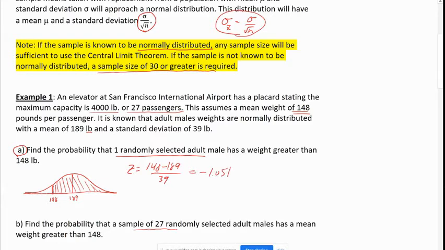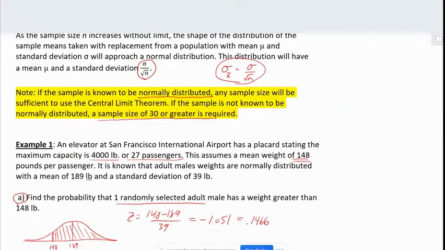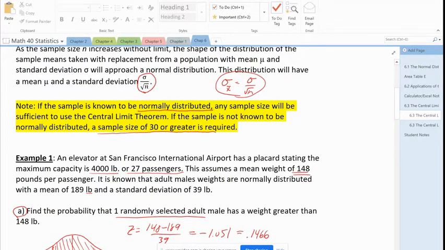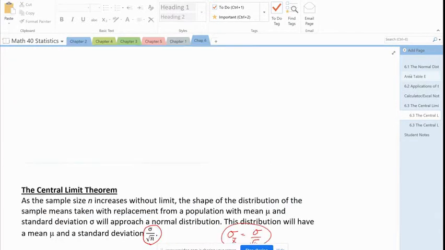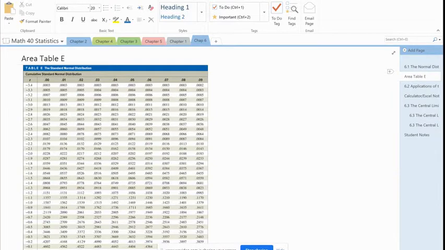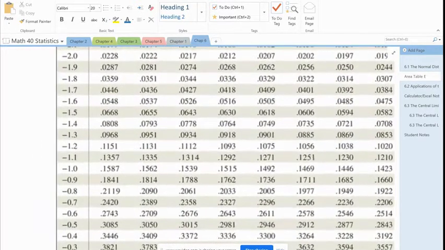We could look that up on the table. I think it turns out to be about 0.1466. We can take a look, actually. If we go to the table, negative 1.05 is as close as we're going to get on the table.